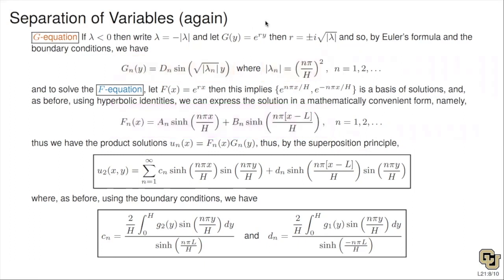Whew. All right, folks, so now we have the solution to the U2 problem, and we can find the coefficients in exactly the same way using the orthogonality, Fourier sine series, all that stuff that we love.